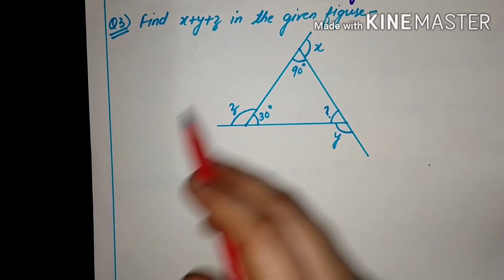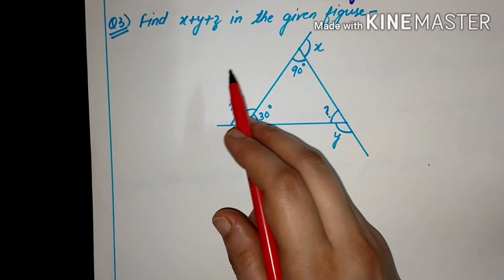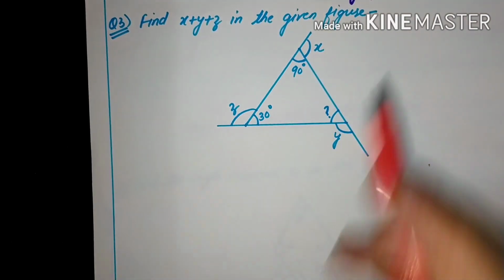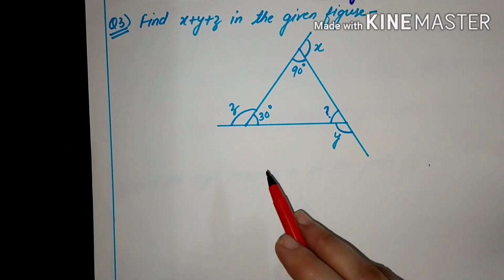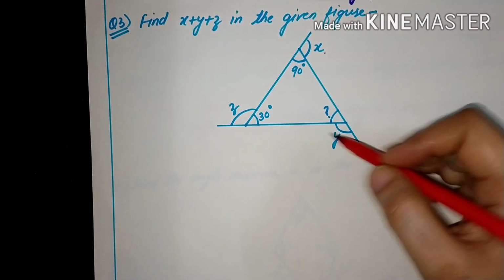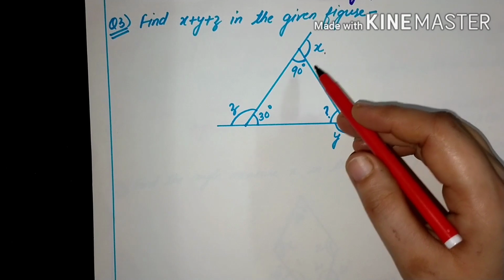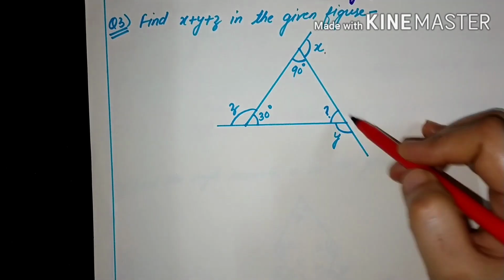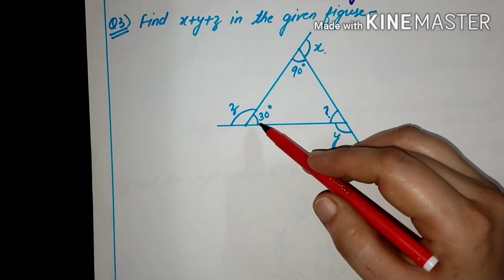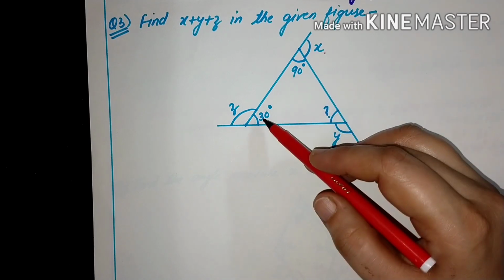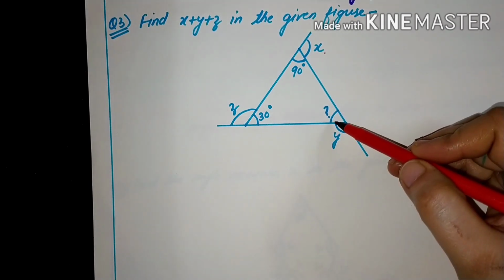Question number 3 now. Find x plus y plus z in the given figure. So here we need to find the values of x, y and z. You can see we have been given a triangle and two of its angles. One is 90 degrees, the other is 30 degrees, and the third angle we don't know.